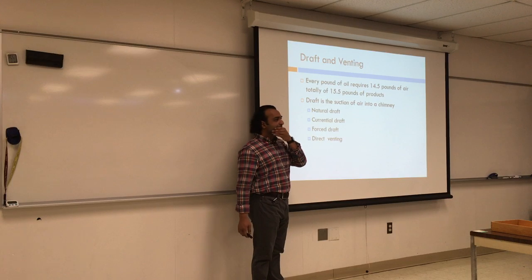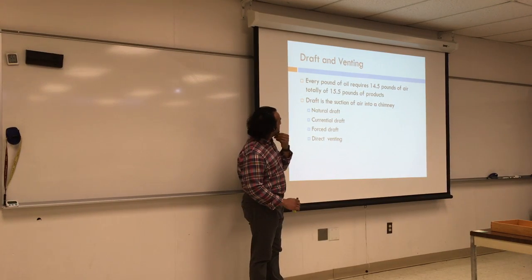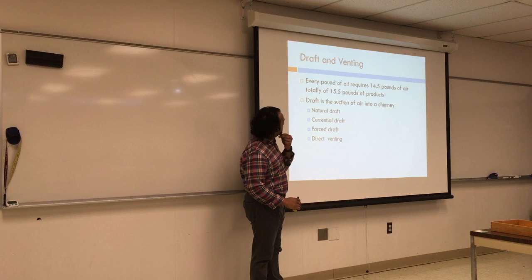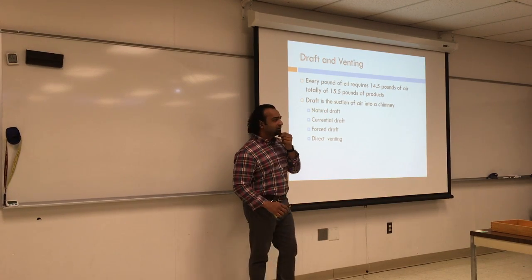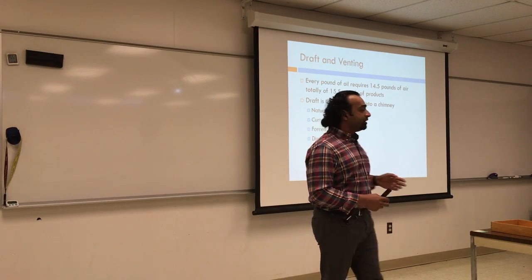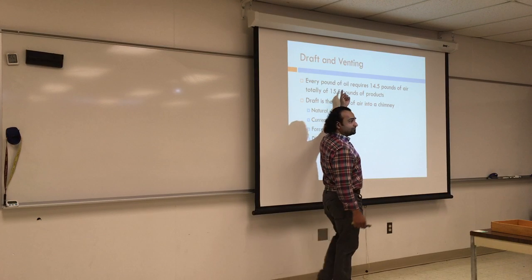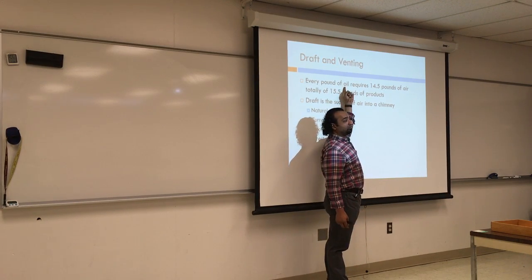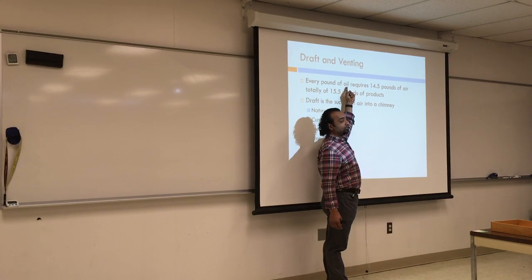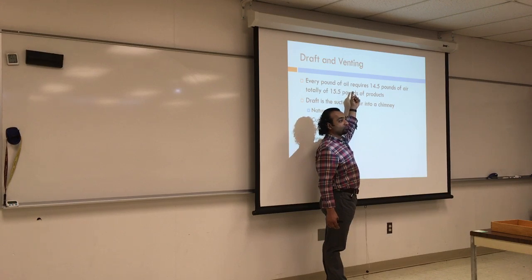The first point, where it says every pound of oil requires 14.5, I don't know if I'm reading that wrong. If you burn 1 pound of oil, you will need an equivalent amount of 14.5 pounds of air, as a ratio.